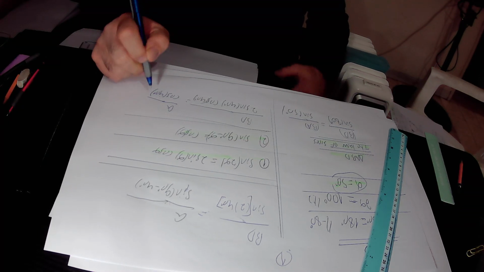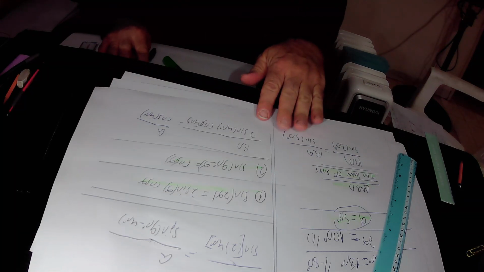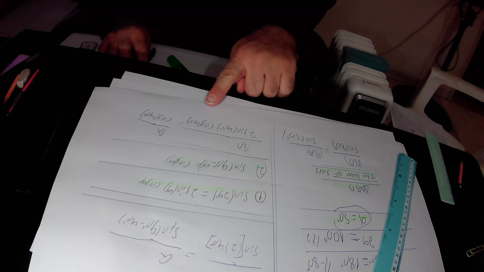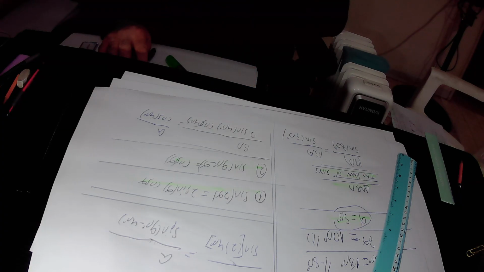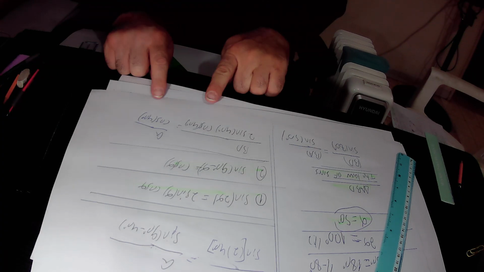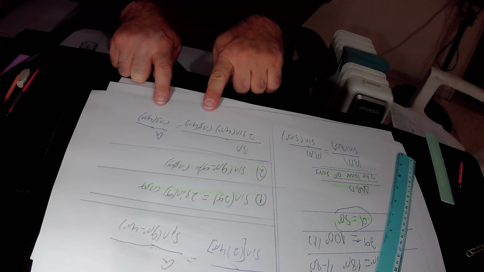So in total, we have BD over 2 times sine 40 degrees times cosine 40 degrees equals A over cosine 40 degrees. We have cosine 40 degrees on both sides of this equation, so cosine 40 degrees will get cancelled.